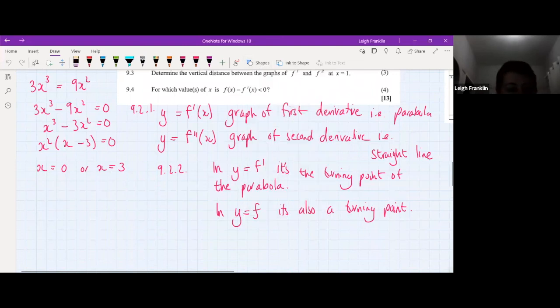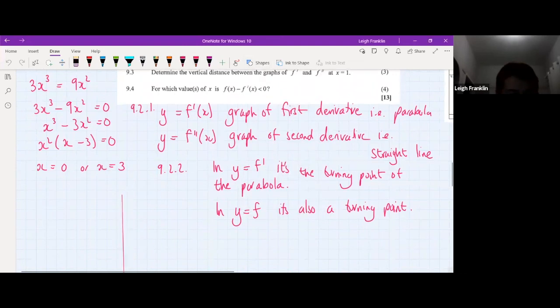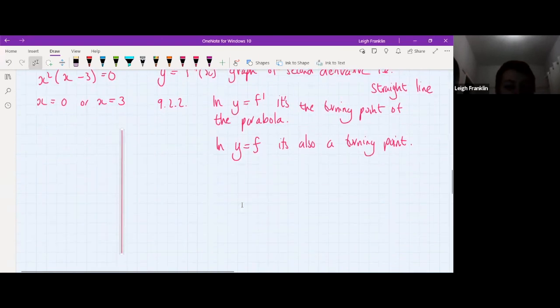There's a vertical line. Let's say this over here is point F and that over there is point G. If I want to know the length of FG, I will take the y at F minus the y at G.